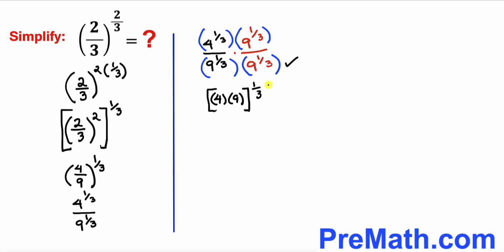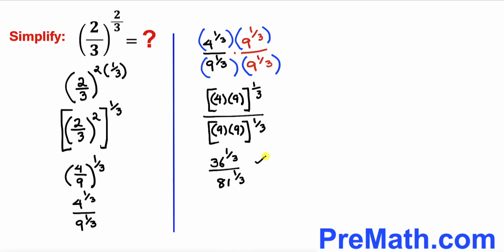Likewise for the denominators, 9 times 9, whole power 1/3. 4 times 9 gives us 36, and 9 times 9 gives us 81. So this whole thing is (36/81) to the power 1/3.